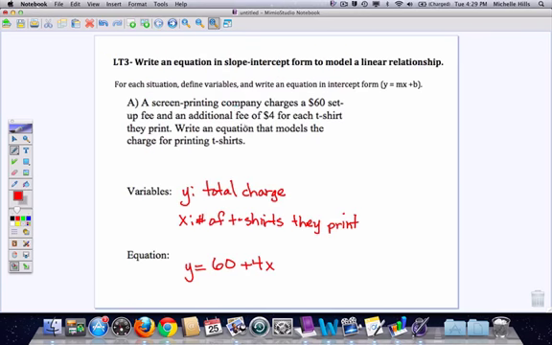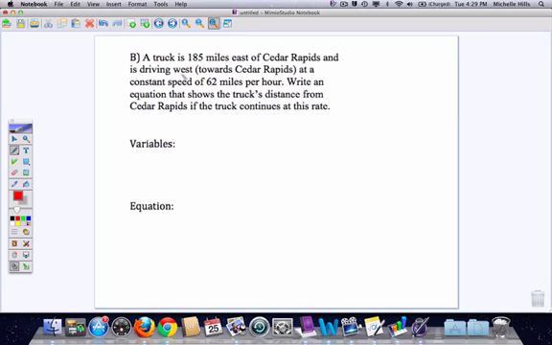Now the second scenario says a truck is 185 miles east of Cedar Rapids, so I'm starting at 185, and it's driving west towards Cedar Rapids, and it wants the distance from Cedar Rapids. So the distance is going to decrease, in this case, by 62 miles for every hour that I drive.